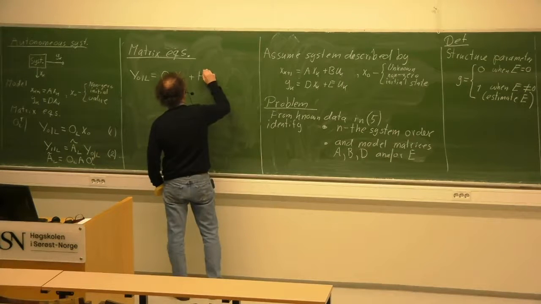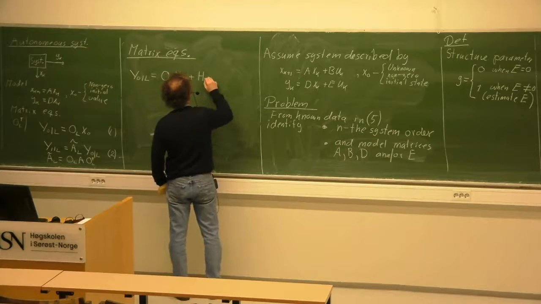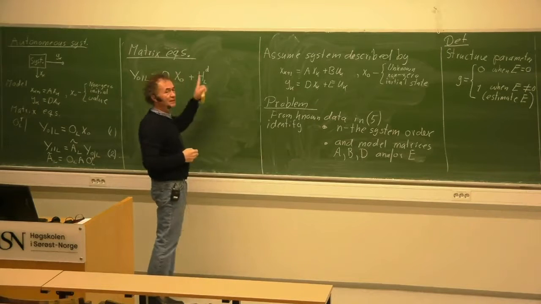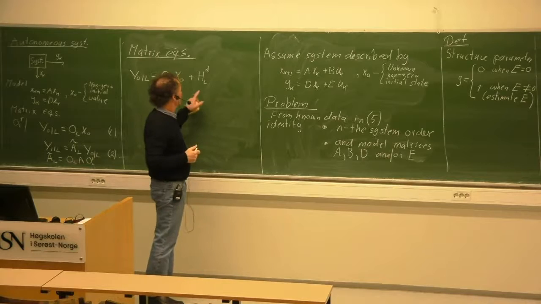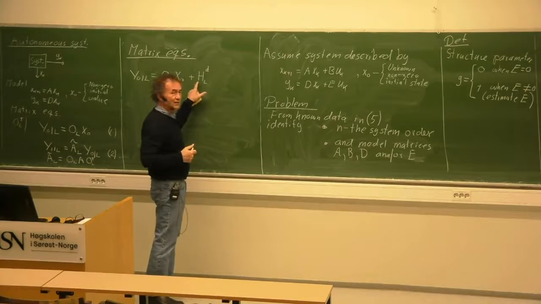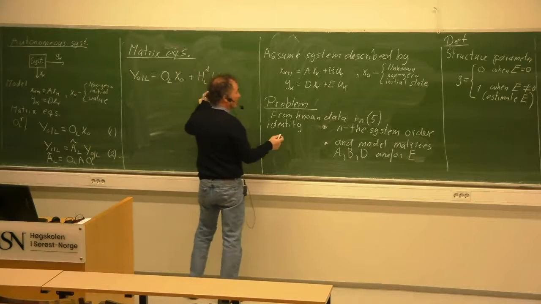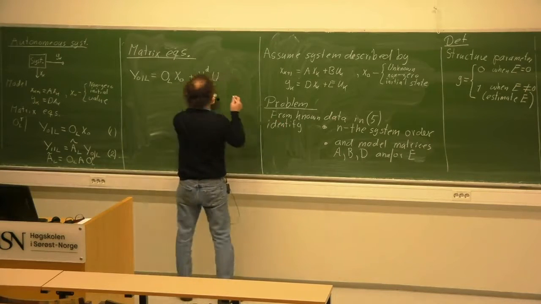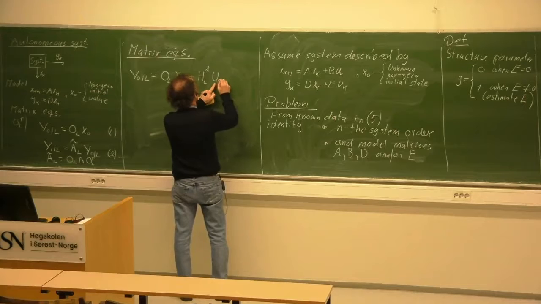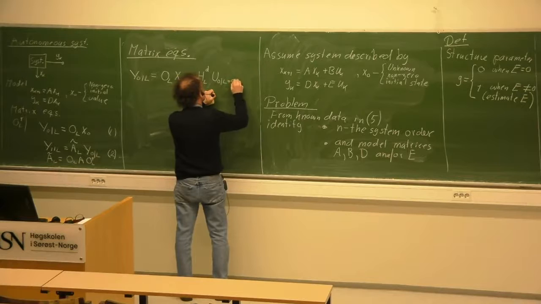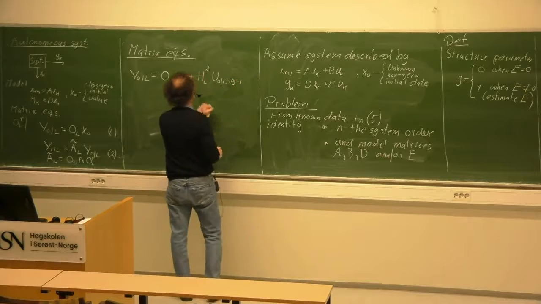Also equal to the product of a matrix H_L^d. I use d to indicate the deterministic, and L means the number of block rows in this H matrix, times a Hankel matrix defined from the known inputs starting at time 0, given L plus g minus 1 rows.